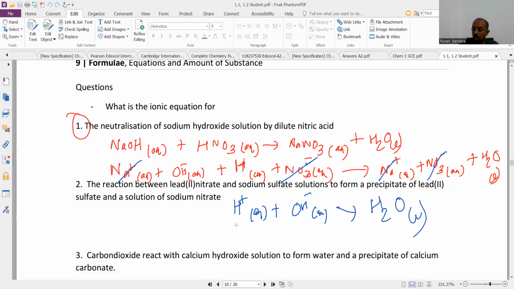Remember, any acid-alkali reaction, this is the ionic equation. Any acid-alkali reaction, this is the answer. Again, any neutralization, acid-alkali neutralization.